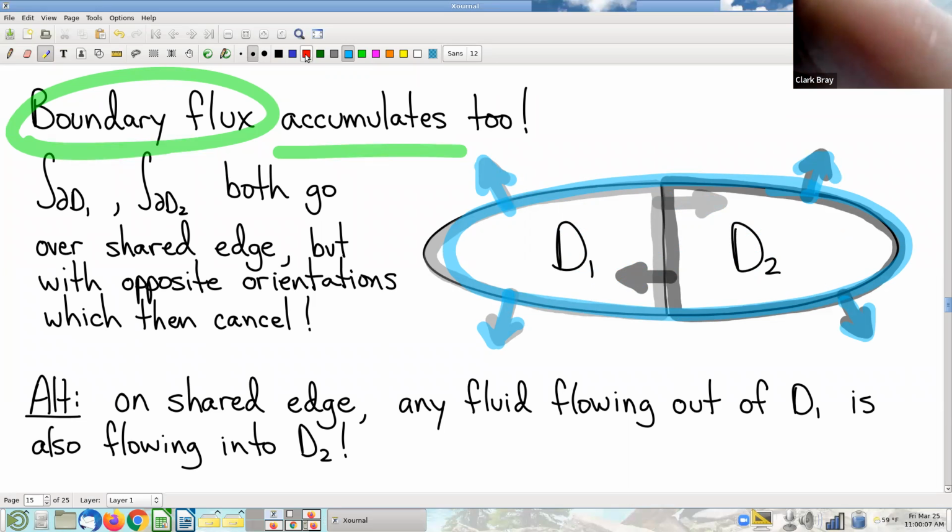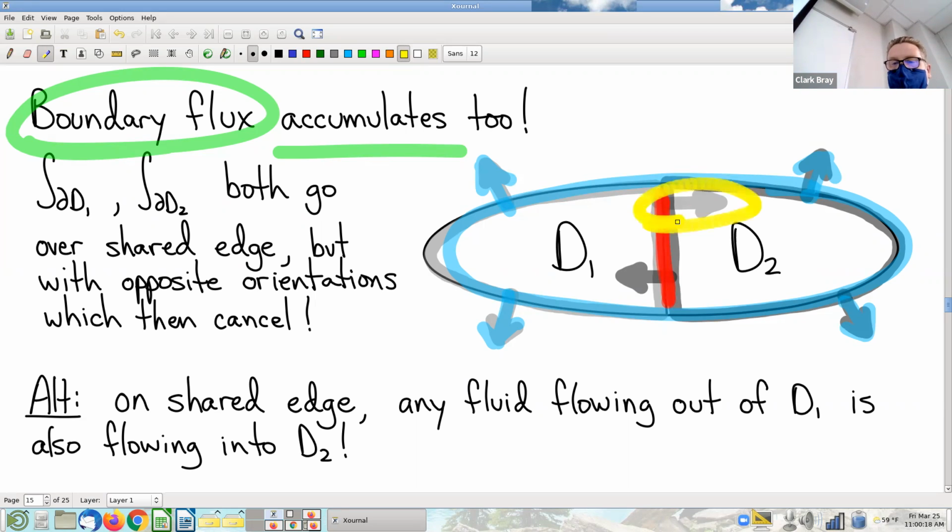Well, there is the annoying matter of this edge here, but you notice that this edge appears twice, but with opposite orientations, and so they cancel. Oriented that way as part of the boundary of D1, oriented this other way as part of the boundary of D2. And when you add up those two line integrals, they cancel. They're the same curve, opposite orientations. You get the exact same magnitude with the exact opposite sign, so they cancel.